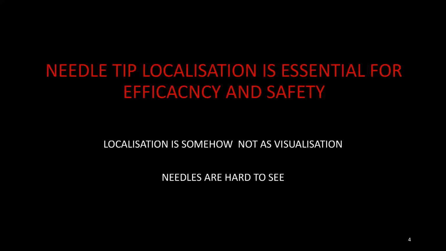Successful localization of the needle is aided by the ability to process the series of 2D images which we are getting in the ultrasound picture into a 3D mental image in our brain, along with the needle and the anatomical structure interaction. Likewise, we can plan our block and the pathway, how we are going to do the block.